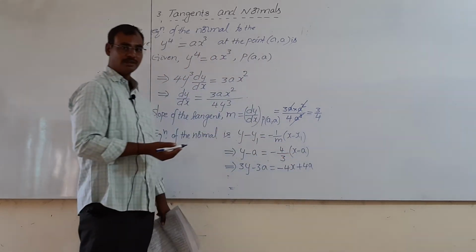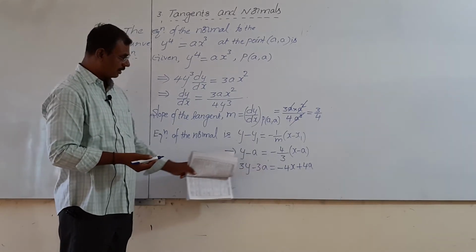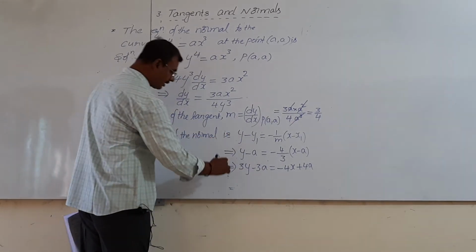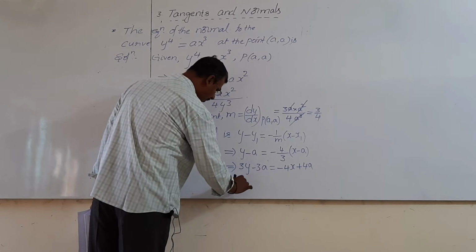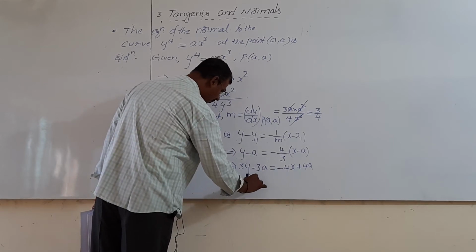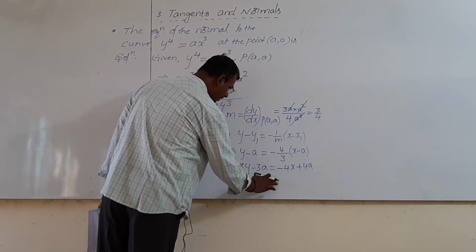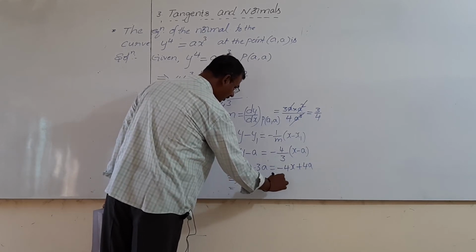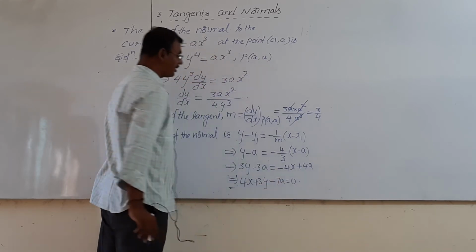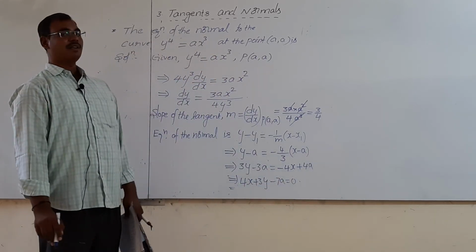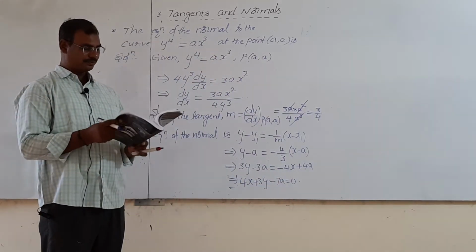Bringing all terms to one side, minus 4x means plus 4x plus 3y minus 7a is equal to 0. So this is called the equation of the normal line.